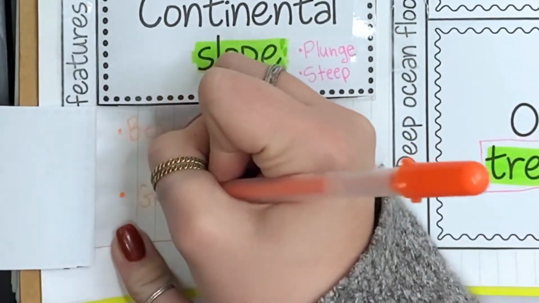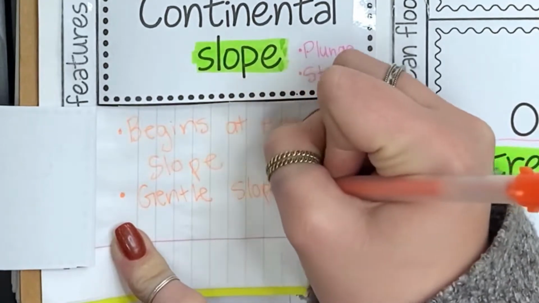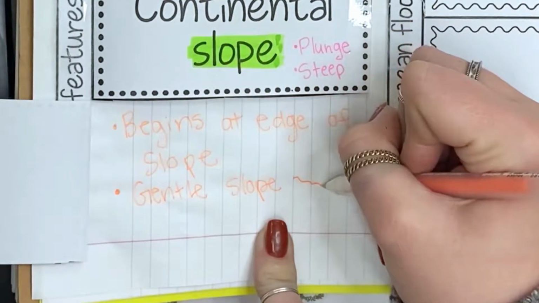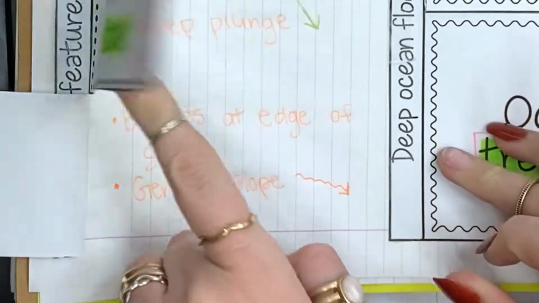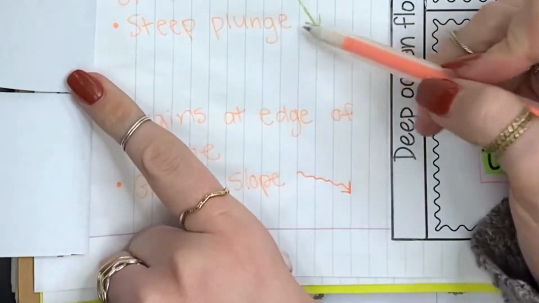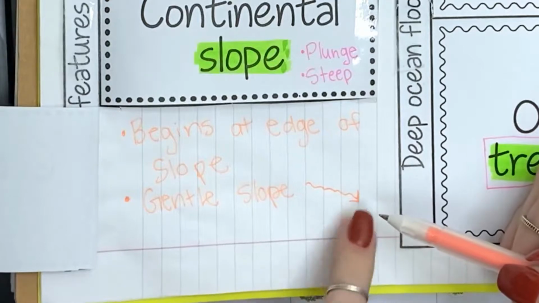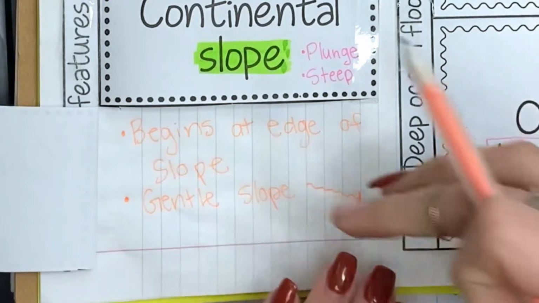It is a gentle slope. So it's not a sharp drop off, it is just gradually going down. Notice how last time with the slope I did a sharp arrow straight down, but with the rise it's just kind of gradual. Okay, so that's all you need to know for that.